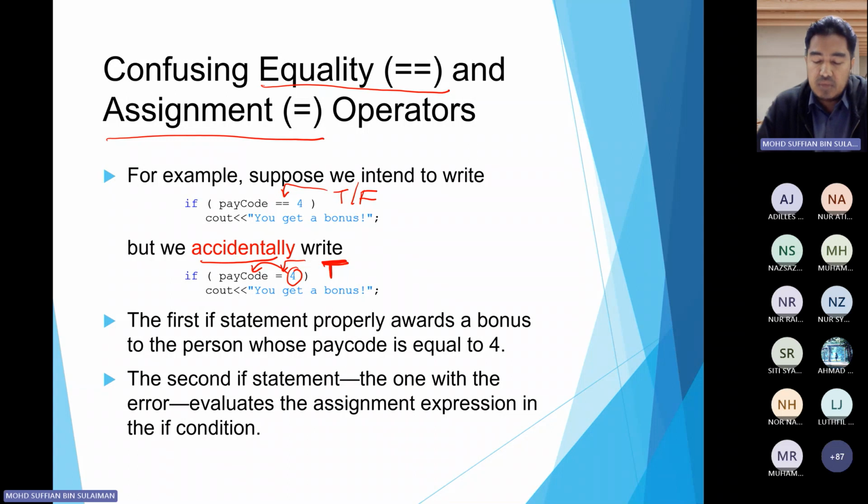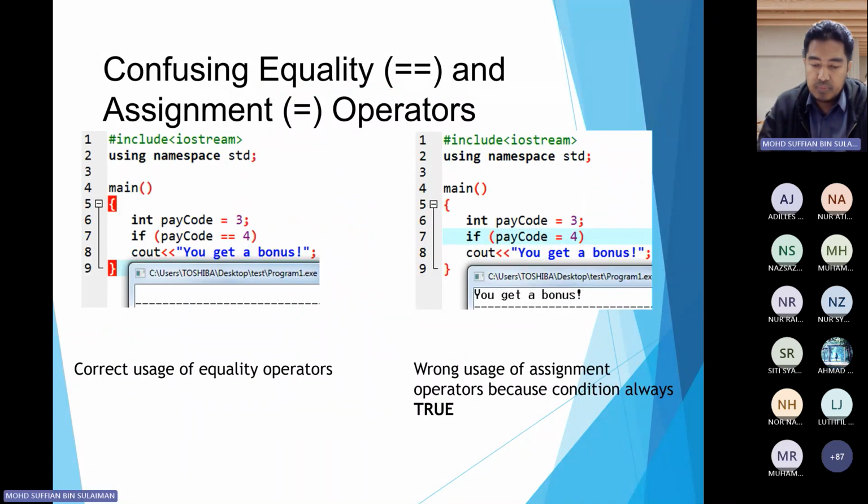Or a logical mistake. Logical mistake means that you can compile, you can see the output, you can run it, but the answer is wrong. For example, like this one. Let's say you declare the value of pay code as 3.